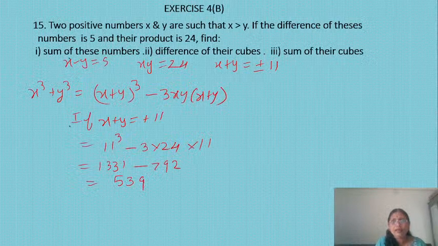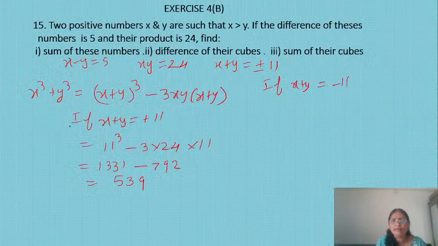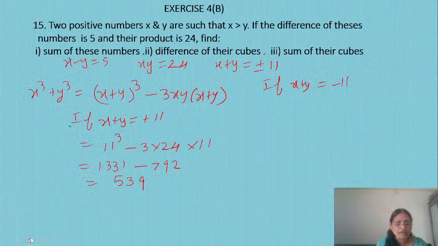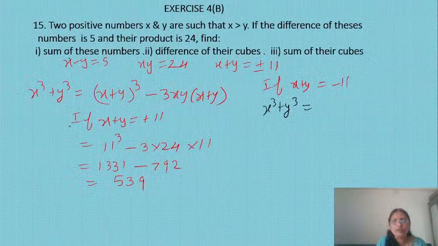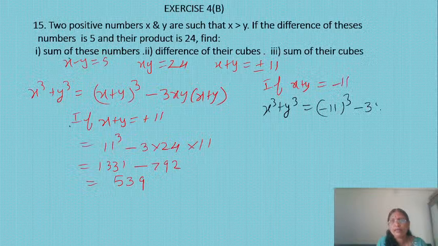Okay. Then if x plus y is equal to minus 11, we get the value of x cube plus y cube. That is x cube plus y cube is equal to, we are going to put here minus 11. So minus 11 cube minus 3 xy value is 24 in bracket value of x plus y is minus 11.